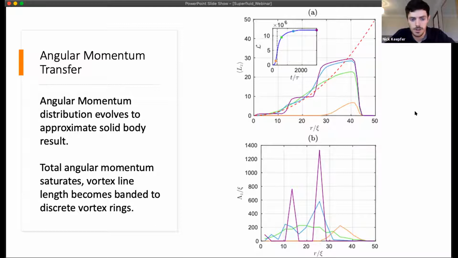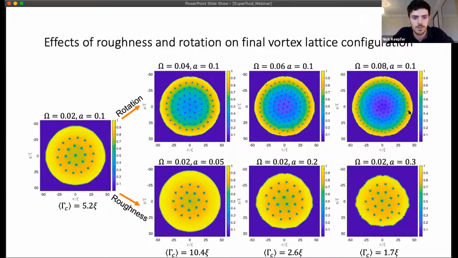So the next thing we want to see, what are the effects of changing A, the rotation, and B, the roughness of this bucket? So if you look at the top line here, as you start to increase the rotation given by this omega value here, you start to facilitate more and more vorticity to enter into the system as this relative difference in velocity of the fluid versus the potential grows larger.